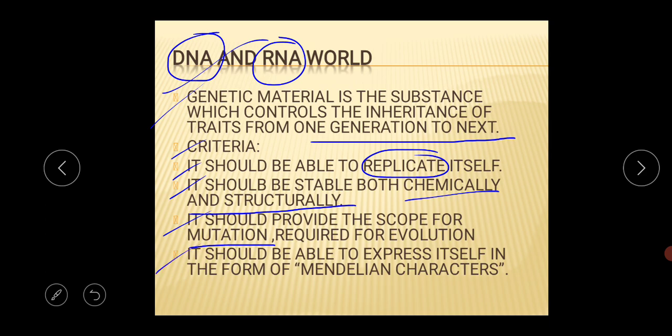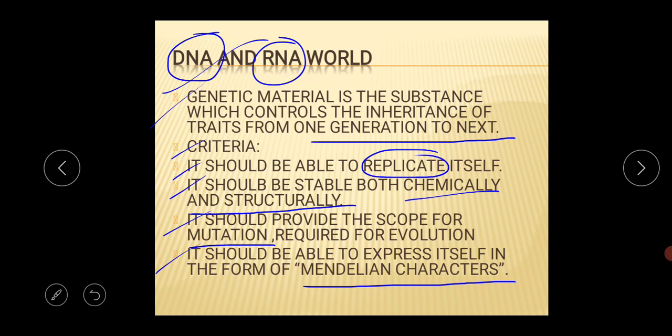The next criterion is that it should be able to express itself in the form of Mendelian characters. What is the meaning of this? Mendelian characteristics means that it follows the Mendelian laws: the law of segregation, the law of dominance, and the law of independent assortment.